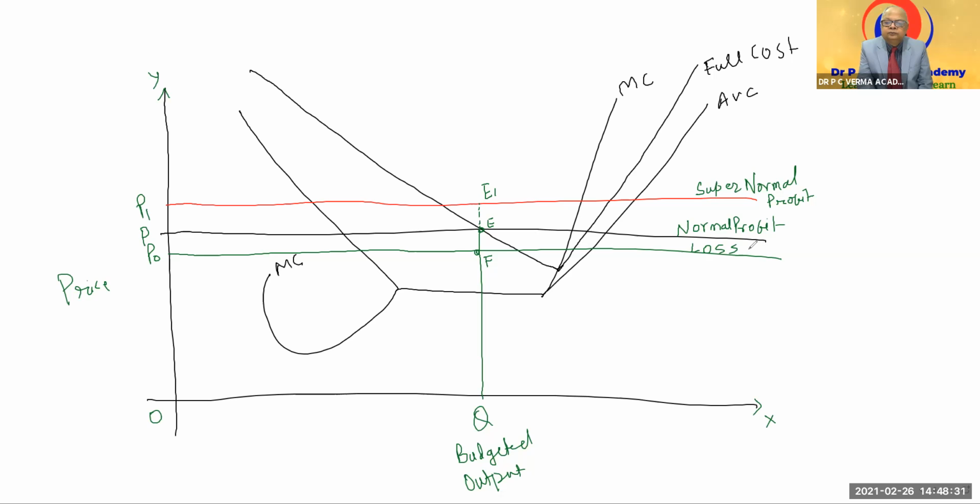Loss will be equal to P0 P1 EP, that is supernormal profit. PEF P0 is equal to loss.